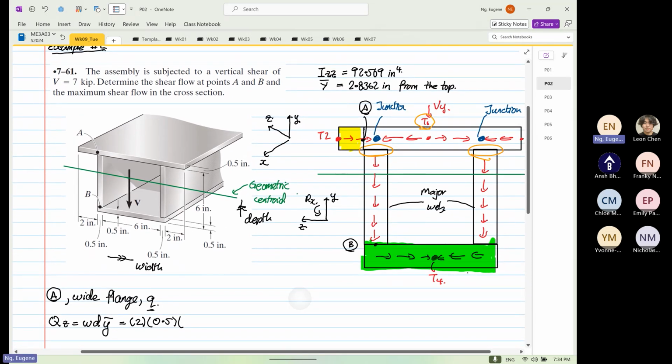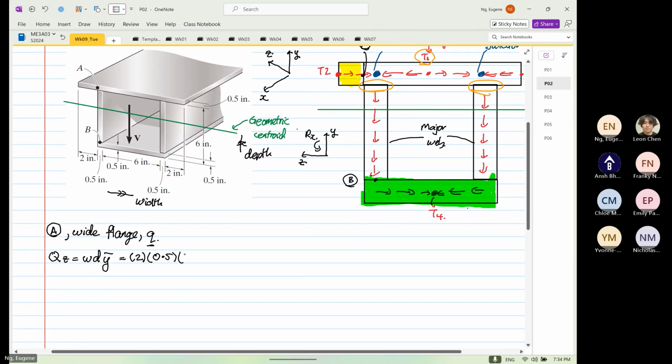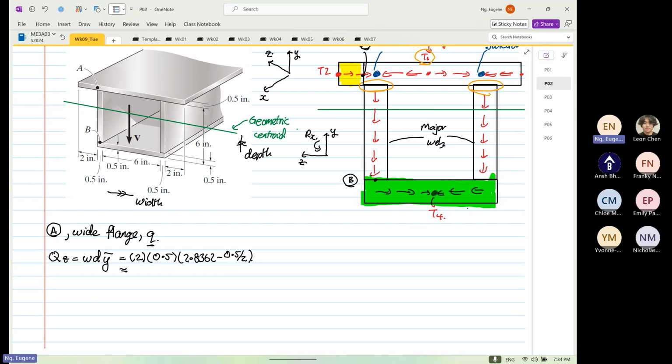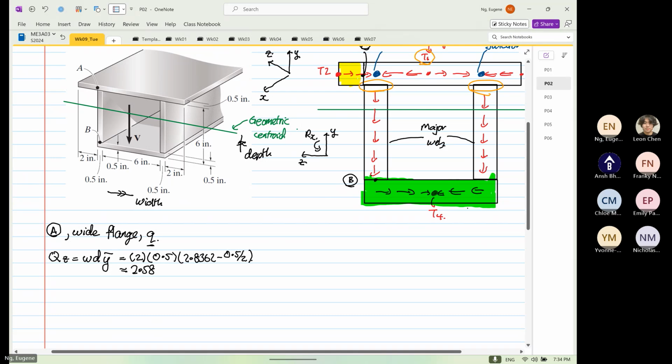Y bar is 2.8362 minus 0.5 divided by 2. So this will come out to be 2.8362 minus 0.5 divided by 2. Then 1.5 times 2 is equal to 2.5862. And this is in inches to power of 3.